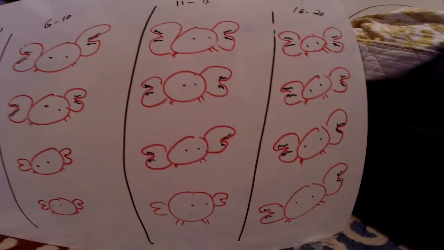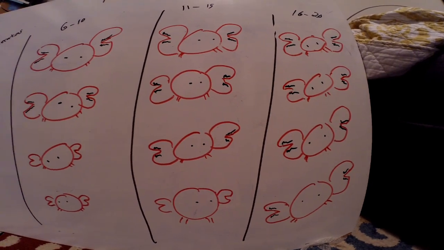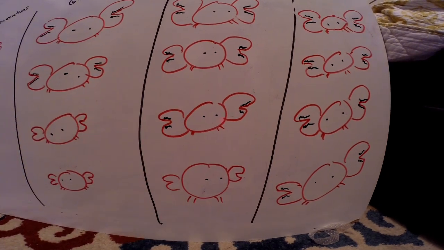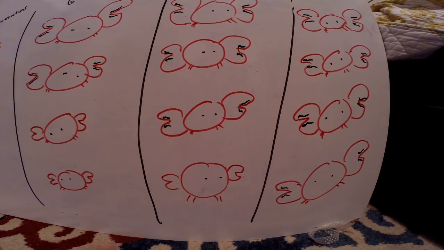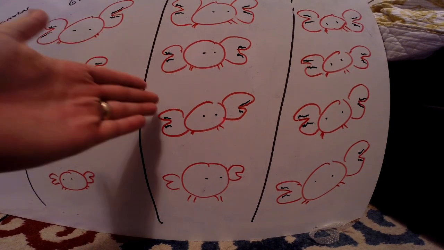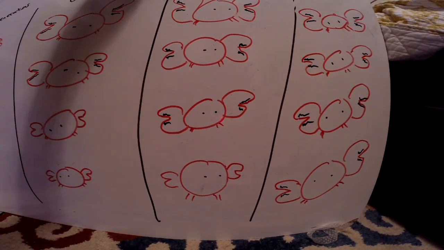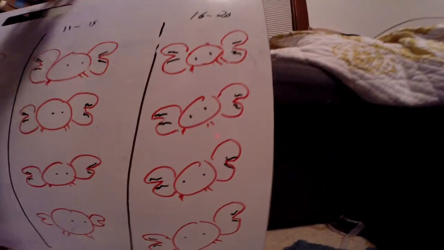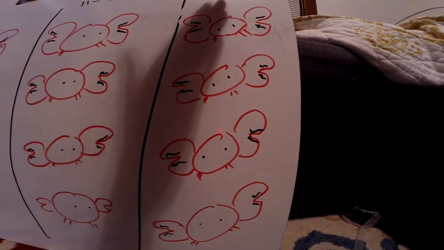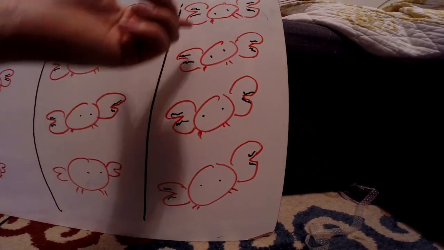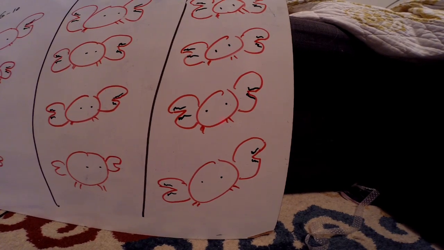When we go on to the next 5 generations, 11 through 15, we could see again that now there is 3 out of 4 crabs with big giant claws. So again, it's when the frequency of a trait that increased fitness becomes more dominant. And then, boom, at the end of our last 5, from generation 16 to 20, we have all 4 of the crabs having that trait of large claws to eat the clams.